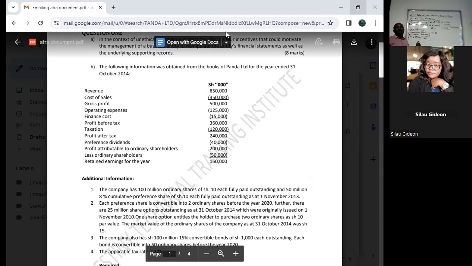So 15 minus 10, the incremental is 5. So it is 5 over the 15, then you multiply with whatever you get here. That is the interpretation. If that is okay, give me the figure.